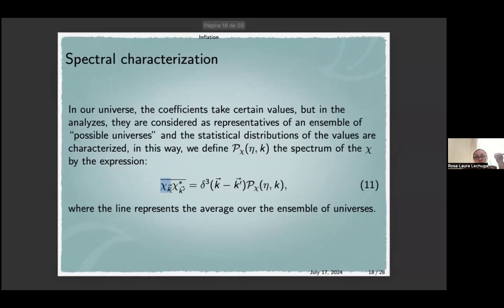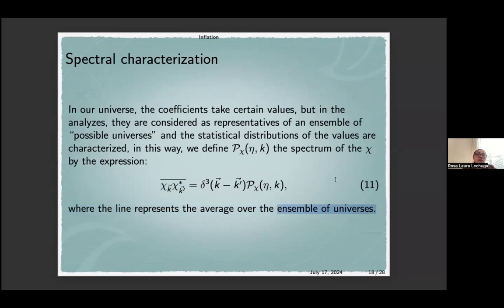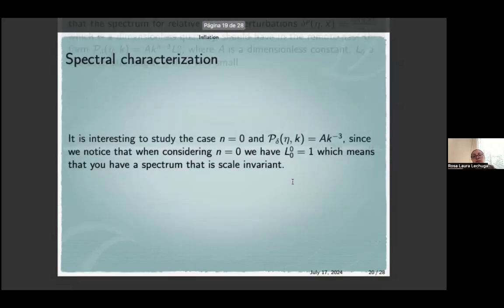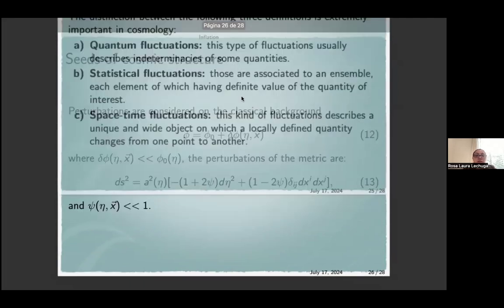If you put the density here, you consider the space-time fluctuation, but when you put this line that represents the average, you are considering the statistical fluctuations, because now you have an ensemble of universes. So in that sense, I mentioned that the Harrison-Zeldovich power spectrum considers both the space-time fluctuations and the statistical fluctuations.